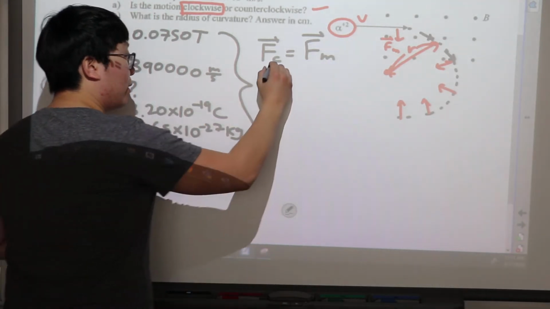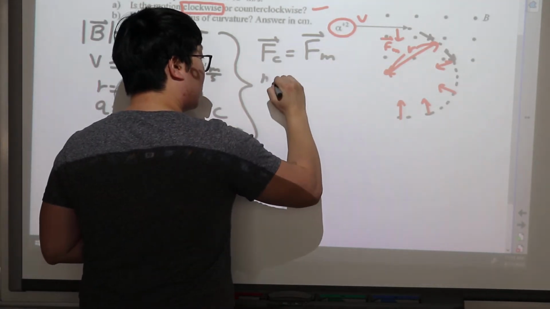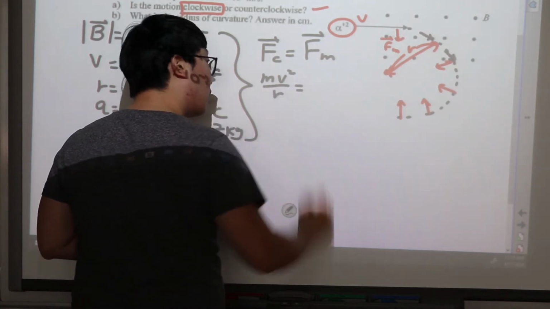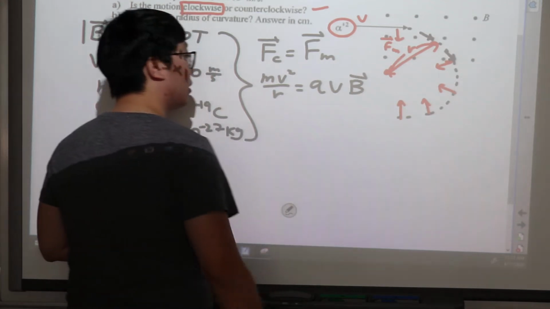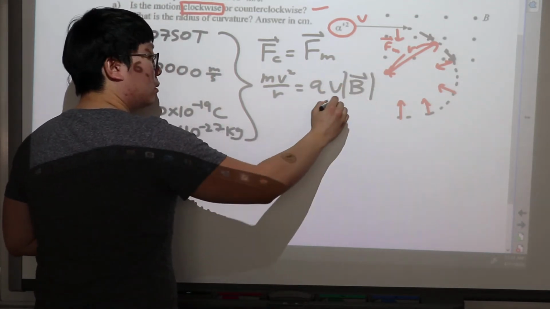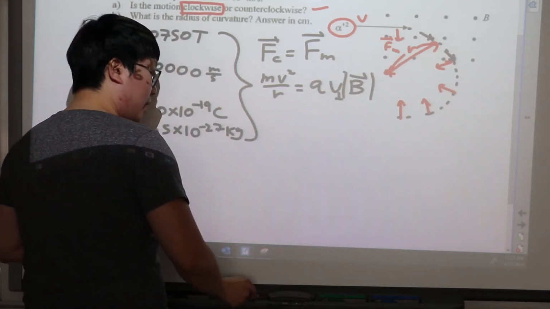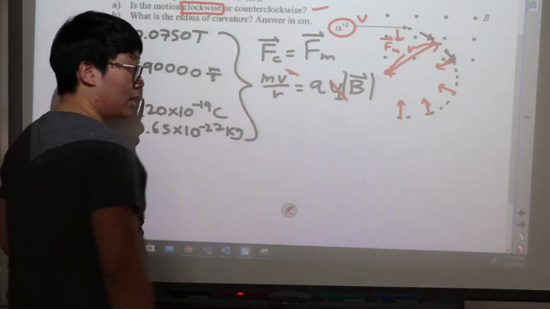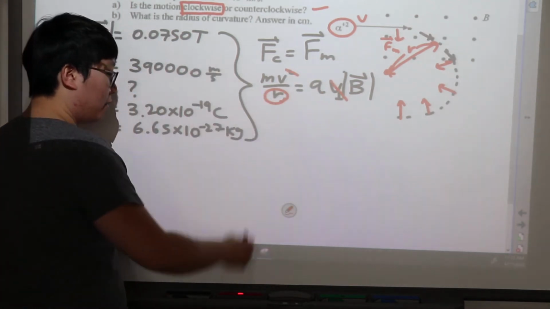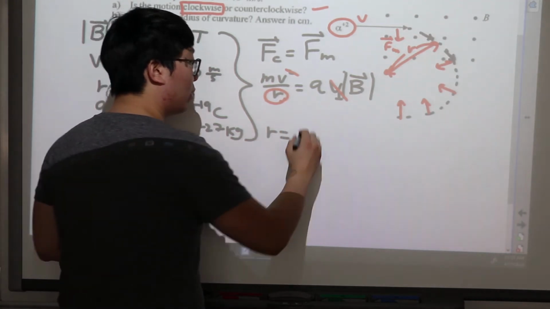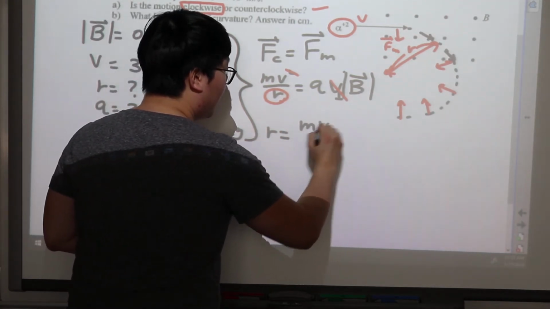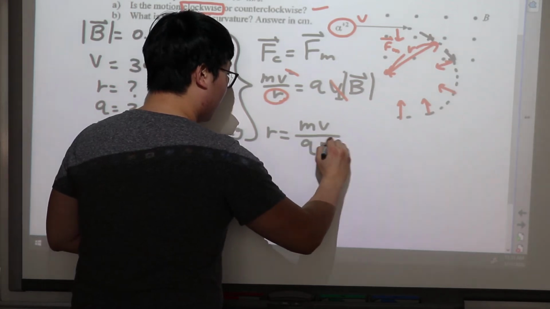What I need to do now is use mass and acceleration, which I can easily put as mv squared over r, and this equals qvB. And we can cancel one of the velocities out. Isolating for r, R is equal to, therefore, mv over qB.